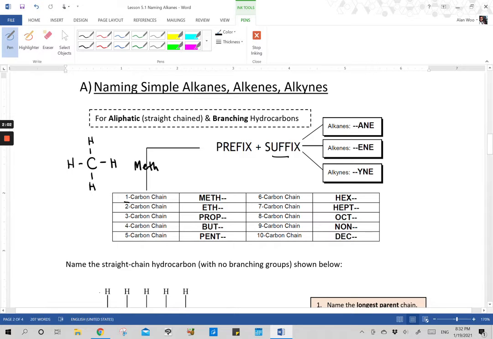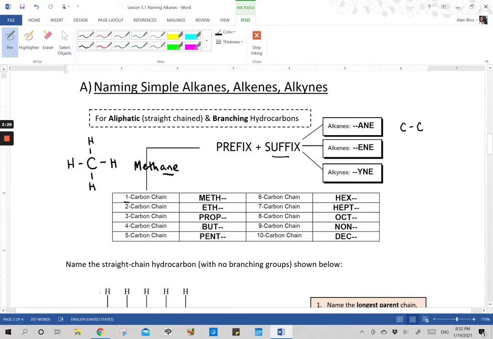Okay? Most of the time, if you have more complicated hydrocarbons, you will likely have more than just one carbon by itself. So if you have, for example, 2 carbons, but there's only a single bond in between them, that is a clear sign that it's an alkane. The ending is always ane for alkanes.